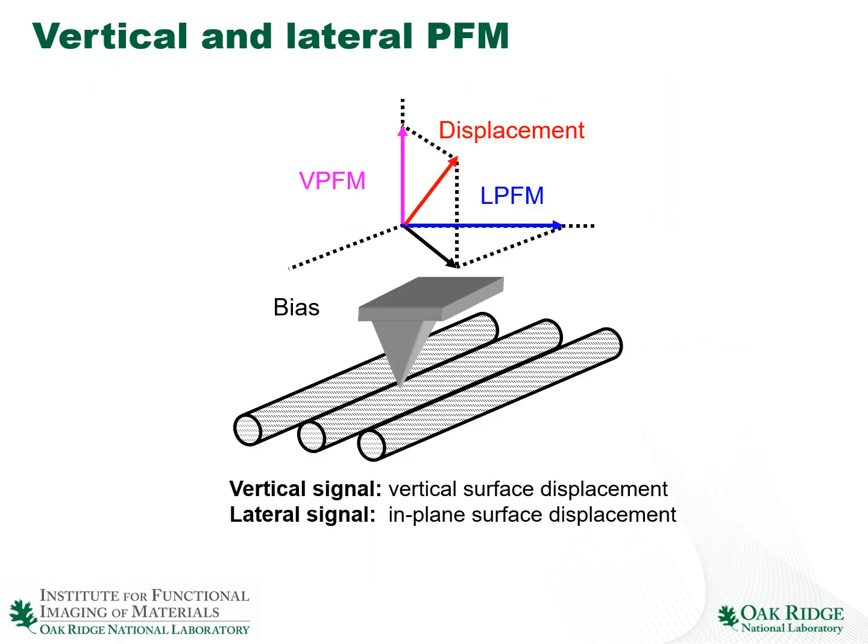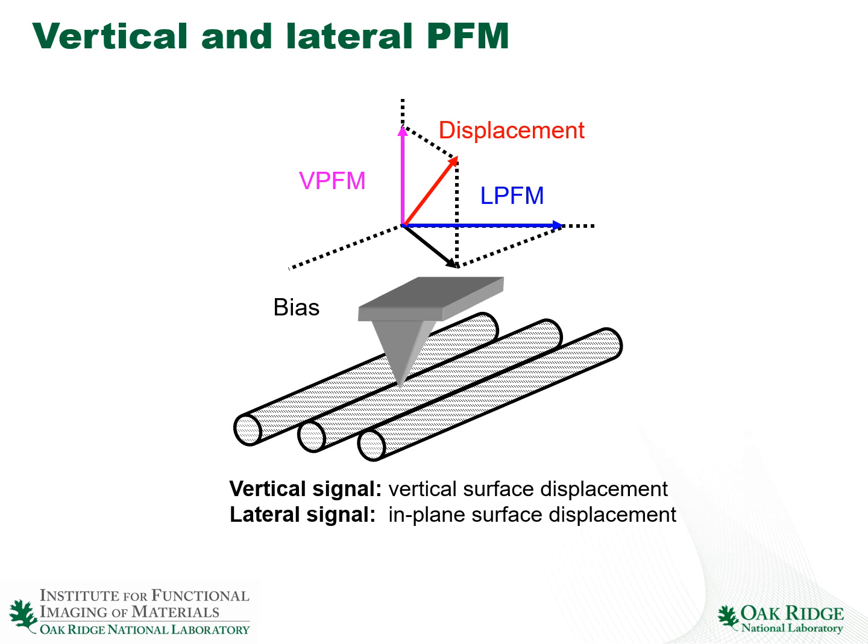Okay. As I said a few minutes ago, in the scanning probe experiment, we are not limited to measuring only the vertical displacement of the cantilever. In fact, we can also measure the lateral displacement of the cantilever, which is essentially a twist of the cantilever along its axis.